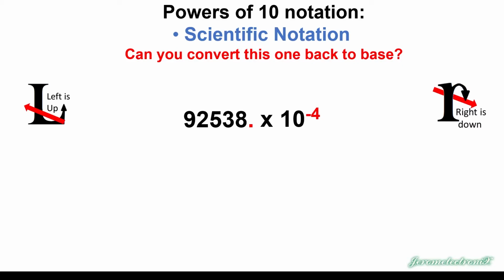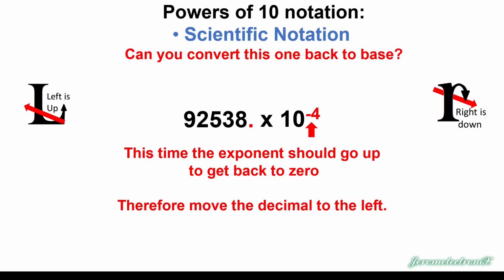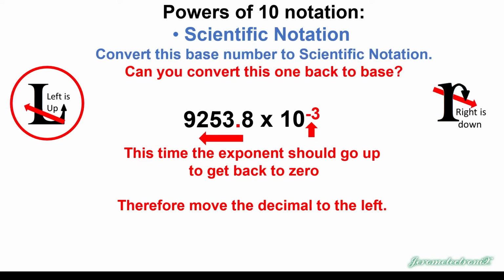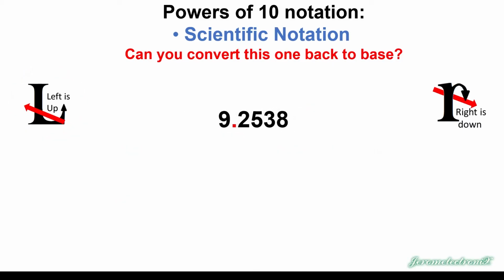So we're going to be moving the decimal to the left until the exponent is a 0. There it is. Now we can remove the times 10 to the 0th power, and that is because this is a base number, and so that is implied.